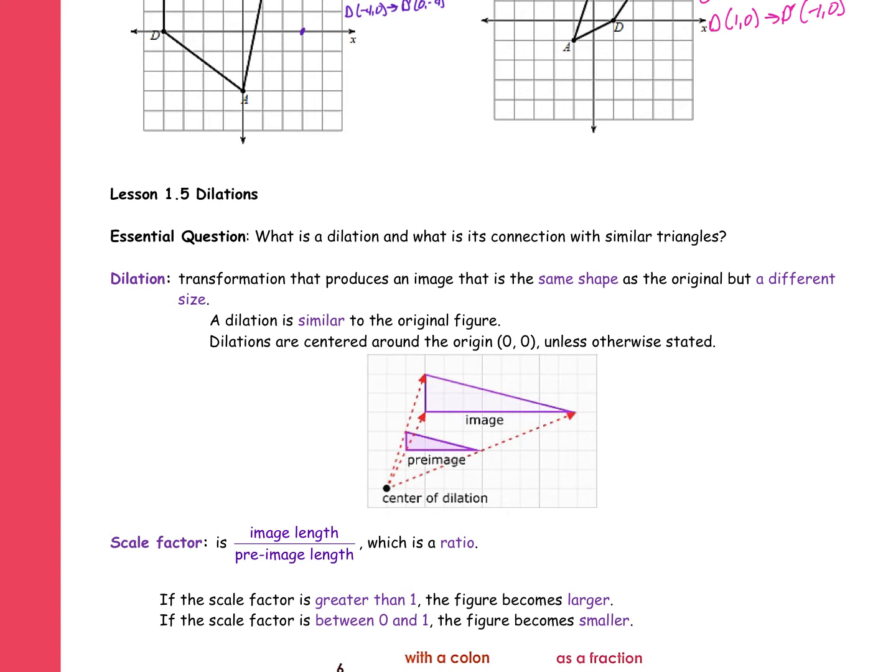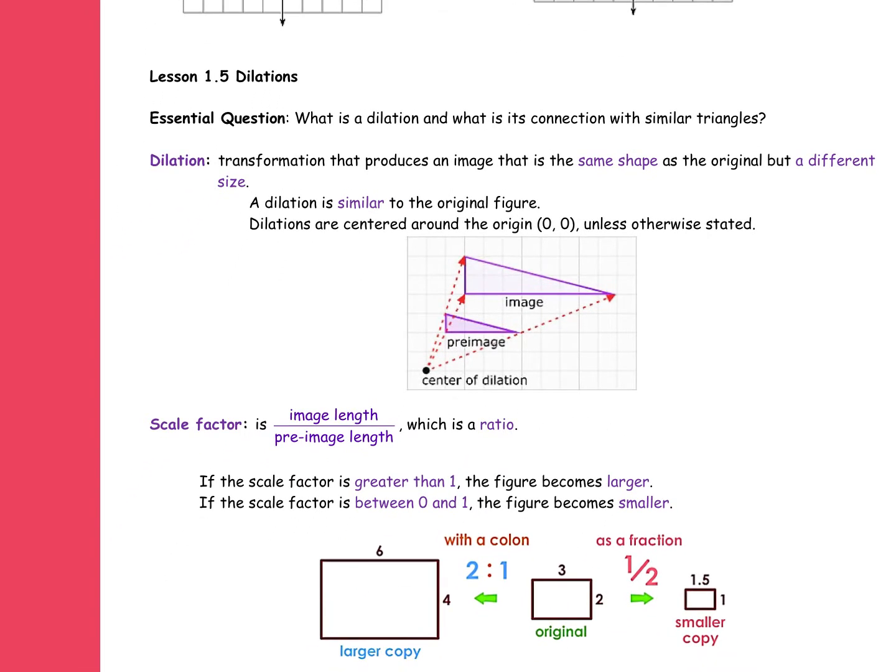So dilations are similar to the original figure, and when we're talking mathematically, we're going to say they're centered around 0, 0 unless otherwise stated. So our center of dilation will be 0, 0. Do you remember your ratios?